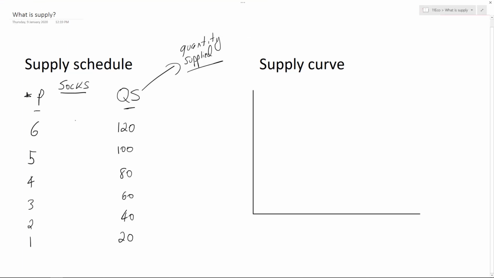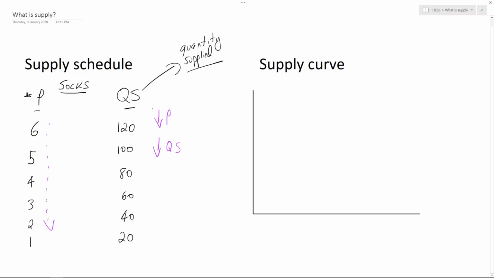So what we can clearly see here is that as price falls, quantity supplied will also fall. And it will fall for those reasons that we've discussed: firms are going to make less revenue, and also it will send a signal to other firms that this is not as exciting a business to be in.